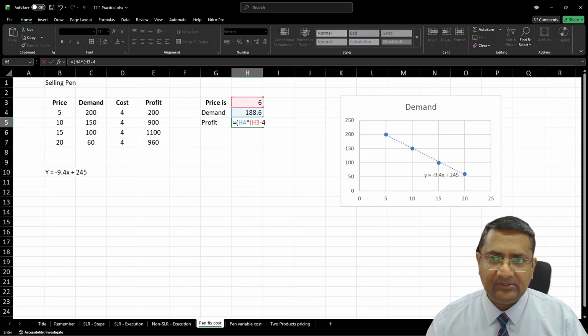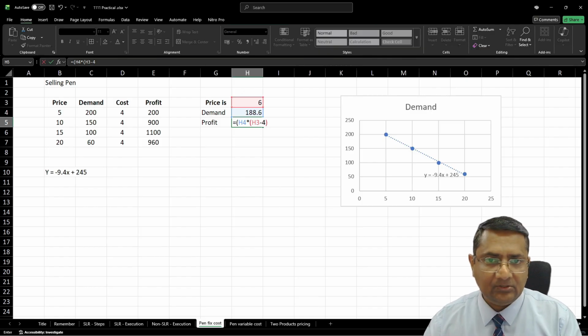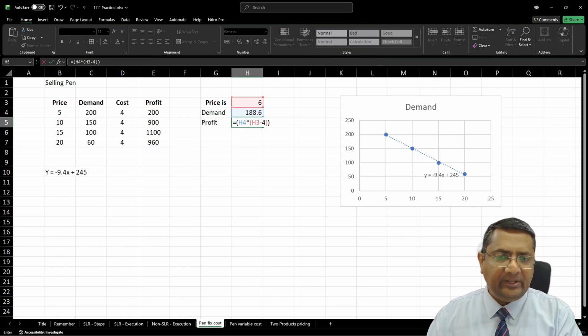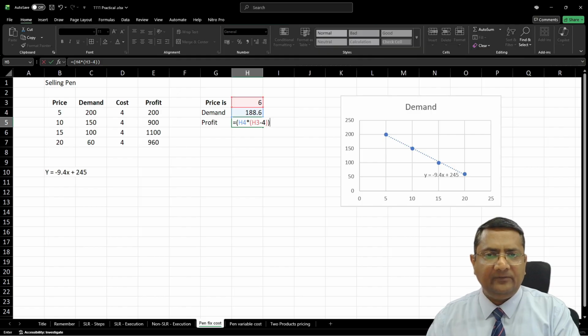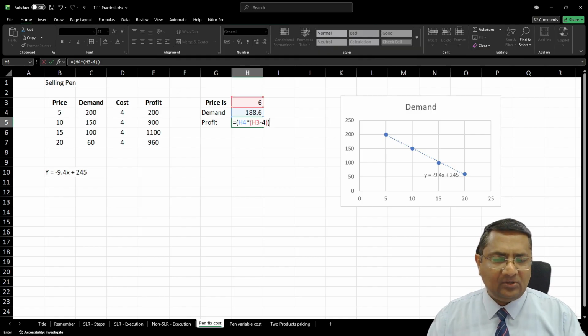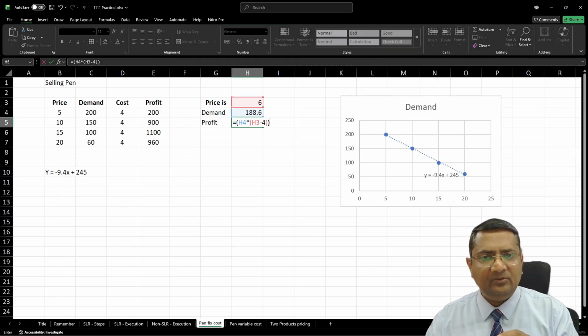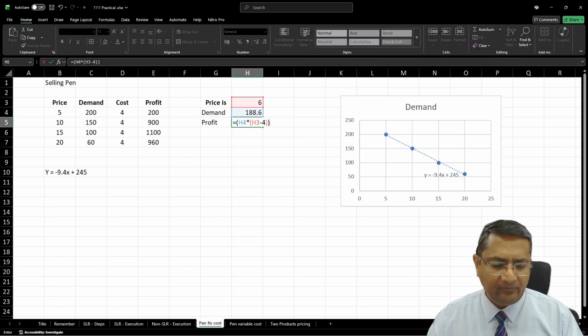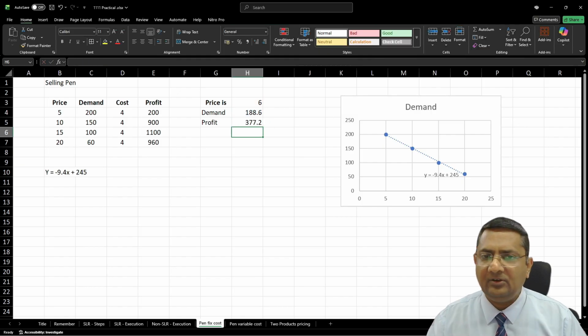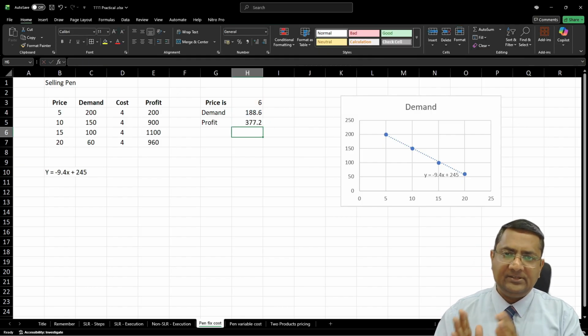Cost is what? 4 rupees. So let's close this, one more close. Now this is perfect. I will explain in another way: price minus cost will give us per unit profit. Then per unit profit multiplied by the per unit sell, we will get the total profit. Let's enter. Here we got the profit. Now our second step is over.